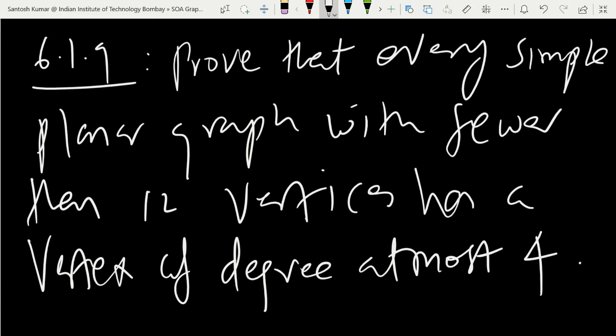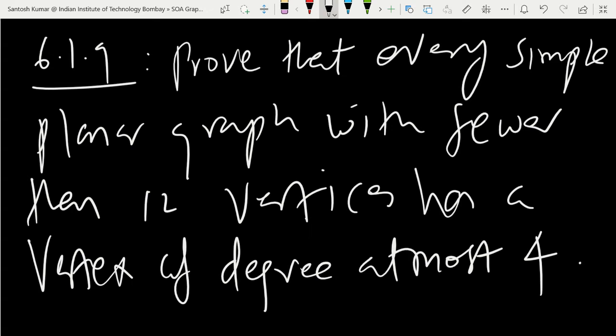So every simple planar graph with less than 12 vertices has a vertex of degree 4 or less.